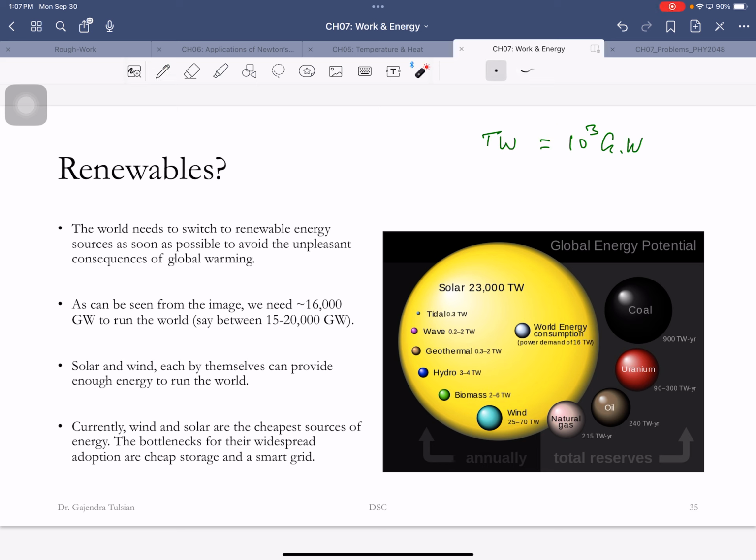So 16,000 Hoover dams is what you need to run the world. This is how much sunlight is falling on the earth. This is how much wind resources there are. So just between the sun and the wind, you can easily satisfy the energy needs.